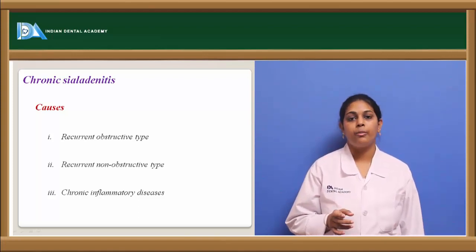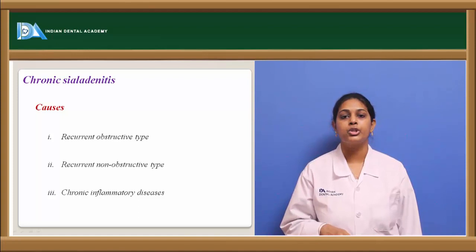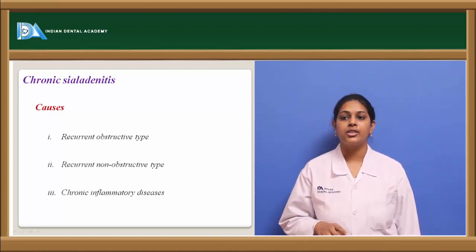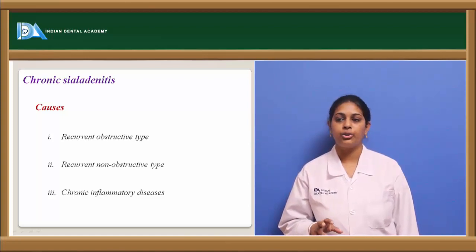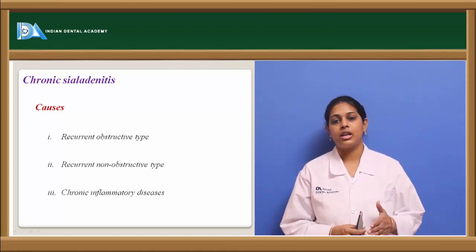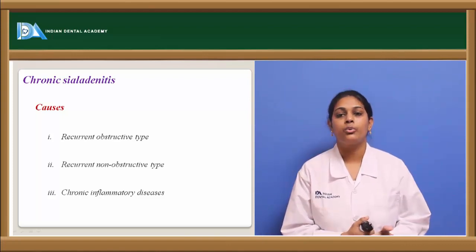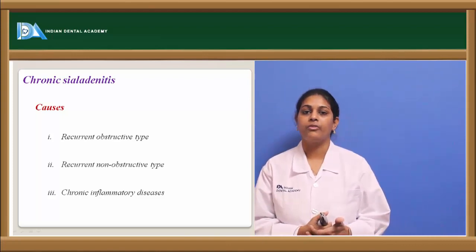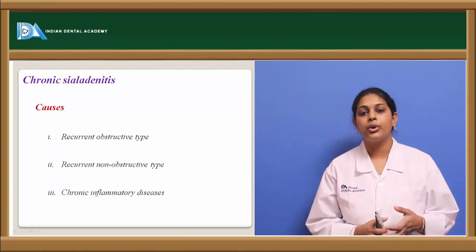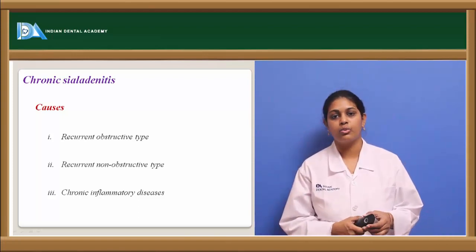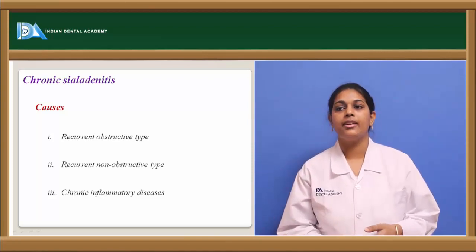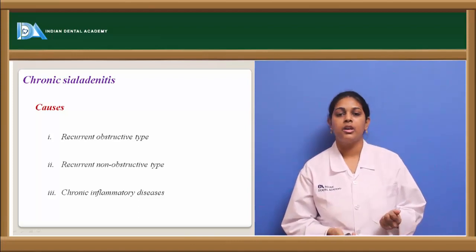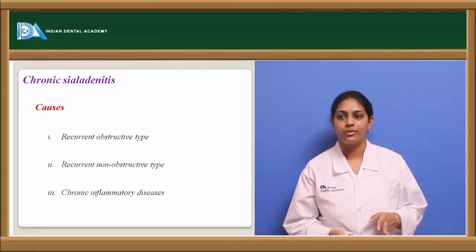This condition is probably not itself induced, but rather arises on taking medication such as antihistamines or antisialagogues, which might result in hyposalivation or xerostomia, because of which there is a recurrent non-obstructive type of chronic sialadenitis. Other than that, we also see chronic inflammatory diseases such as tuberculosis or leprosy, where chronic sialadenitis is associated with such conditions.